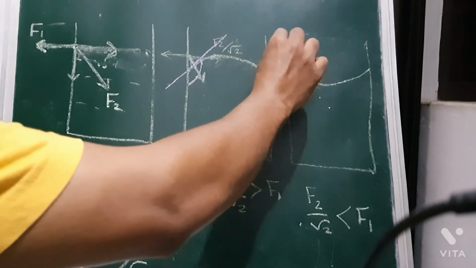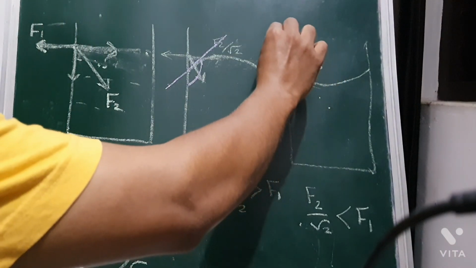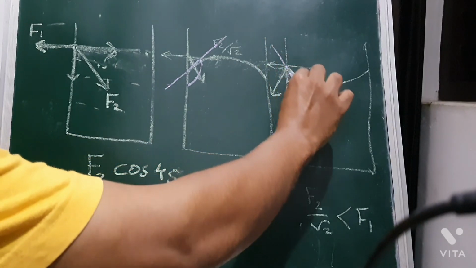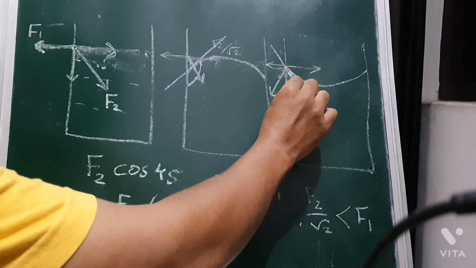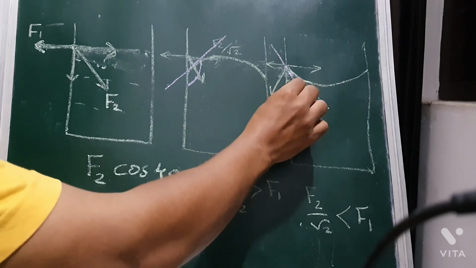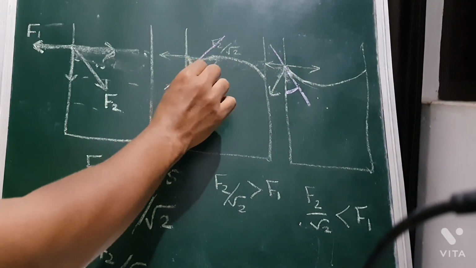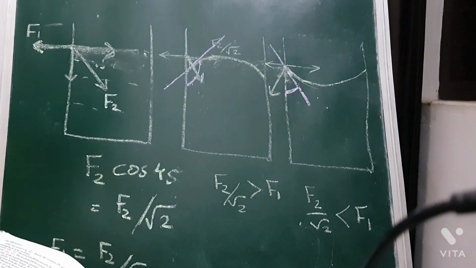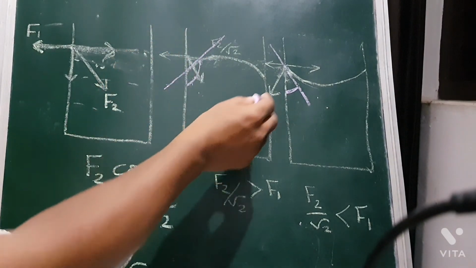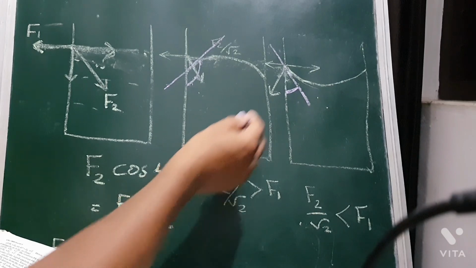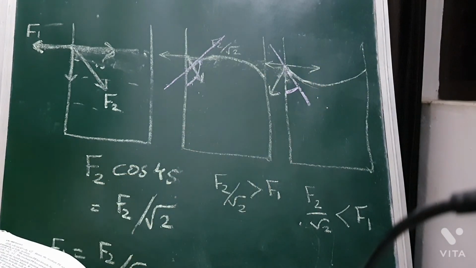Similarly, we draw a tangent like this one, and this is the angle of contact. We will have an angle greater than 90 degrees in the case of convex upwards, but we will have an angle less than 90 degrees in the case of concave upwards.